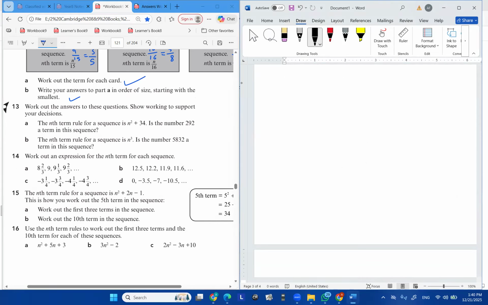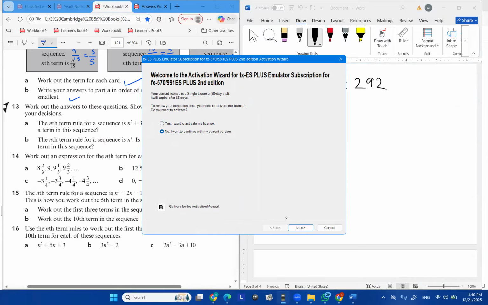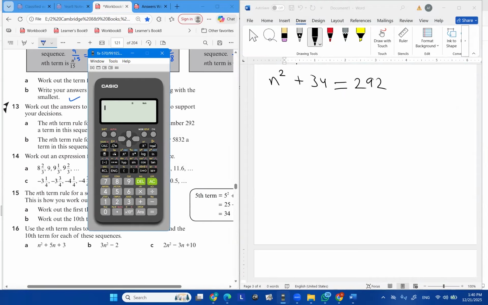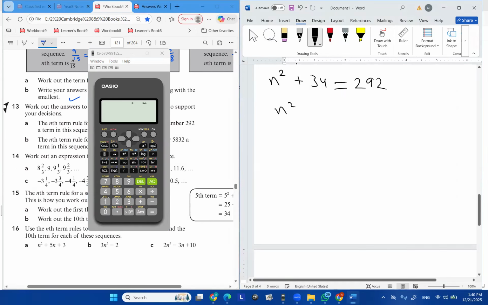What are we supposed to do? I'm supposed to actually write this n squared plus 34. Can it be 292? You can use the calculator for such a question. I'm going to solve the equation. I'm going to say n squared equals 292 minus 34, which is going to be n squared equals 258.